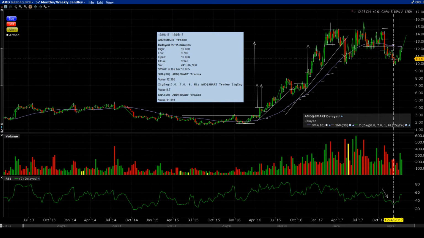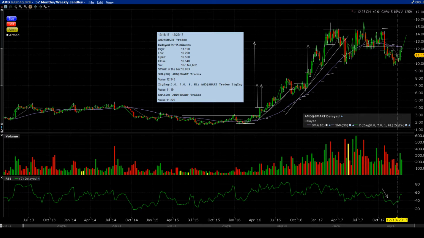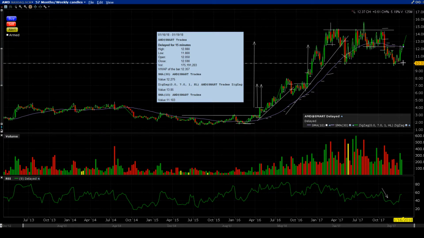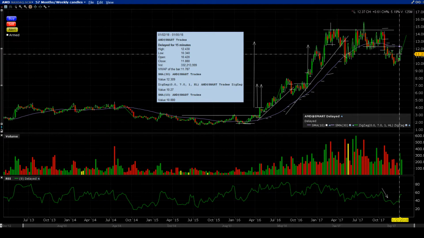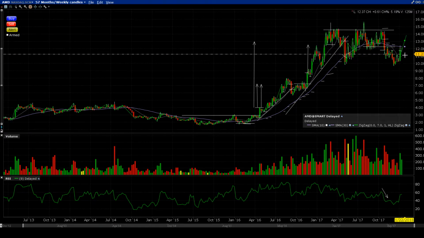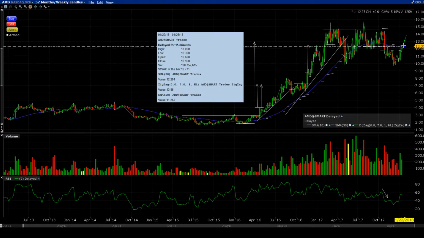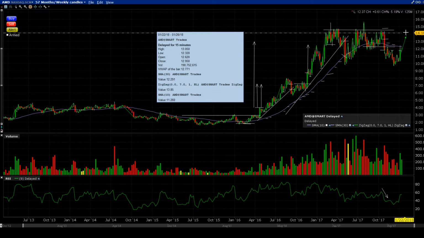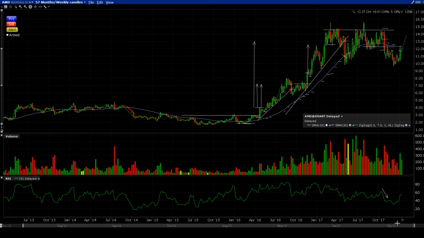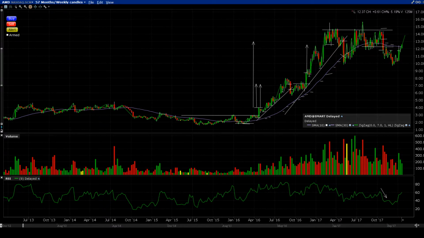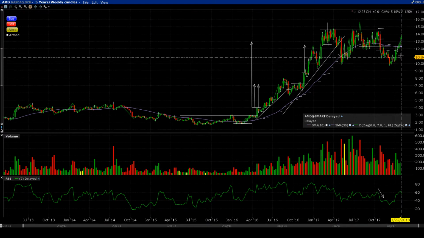Wait. Correction. Pull back. And no, the price action didn't go back towards it. So traders, you're out here. So that was a neutral trade. Investors, you're still there. And investors are out for a little loss.